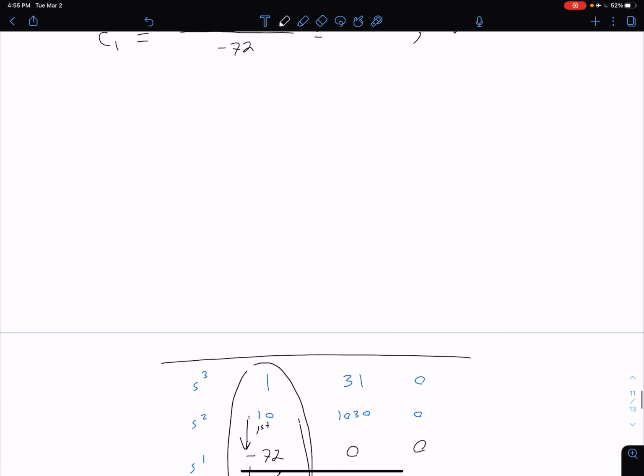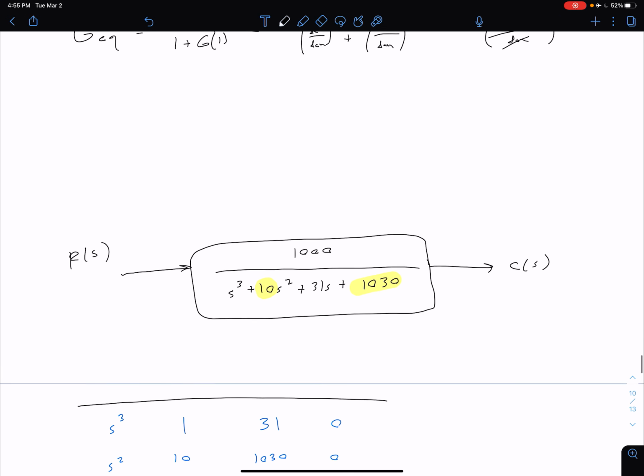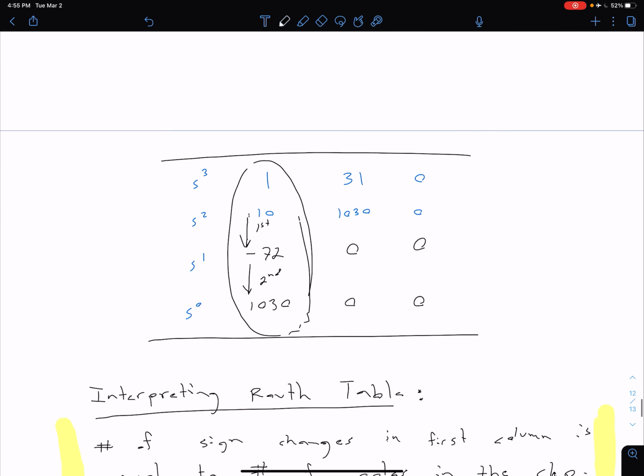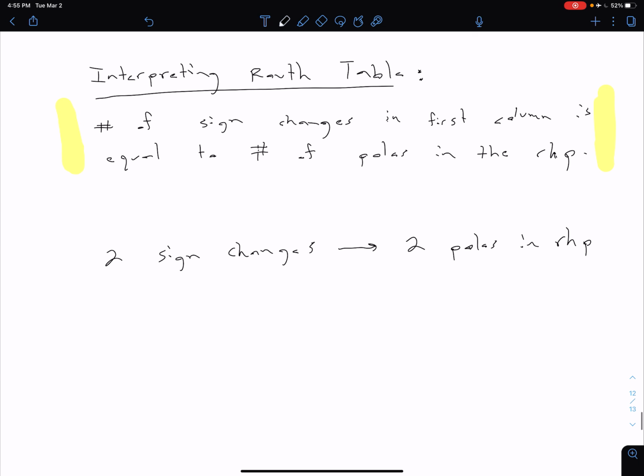And because this was a third order system, coming back up here, the highest order is 3, so we know this is a third order system, which means we're going to have 3 poles. So third order system means we have 3 poles in total, and we've identified the general location of 2 of them.